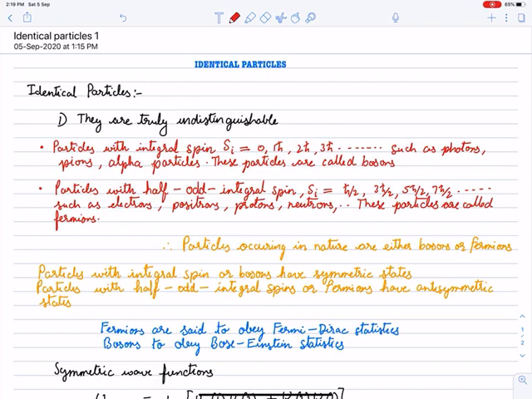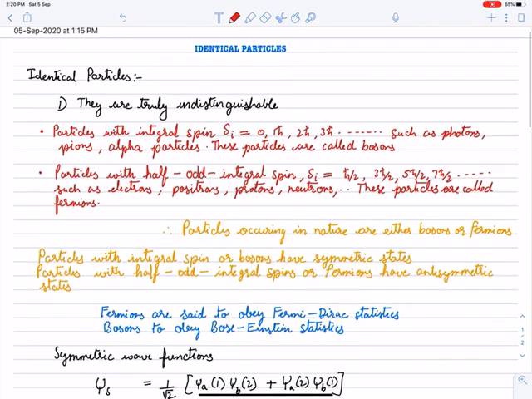Particles with half-odd-integer spin, fermions, have antisymmetric states. I will explain what symmetric and antisymmetric mean in a bit. Fermions obey Fermi-Dirac statistics and bosons obey Bose-Einstein statistics. These are the basics.